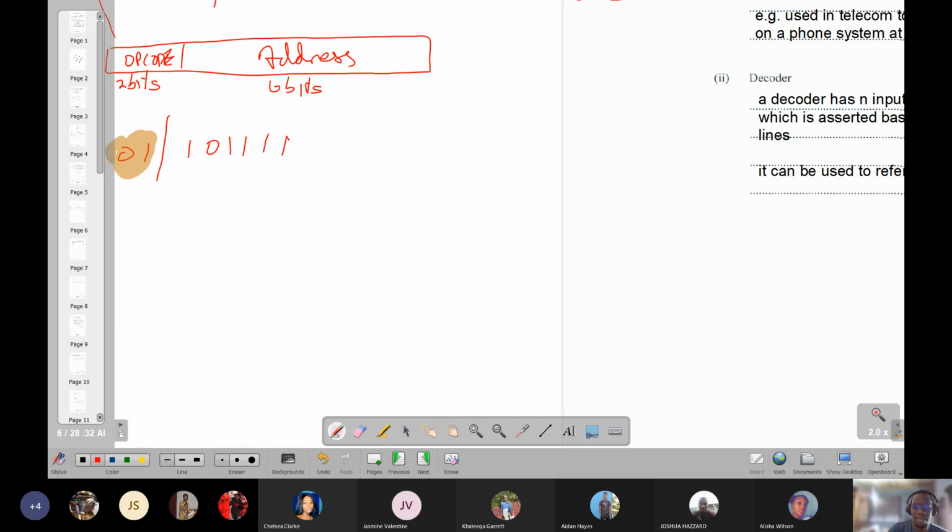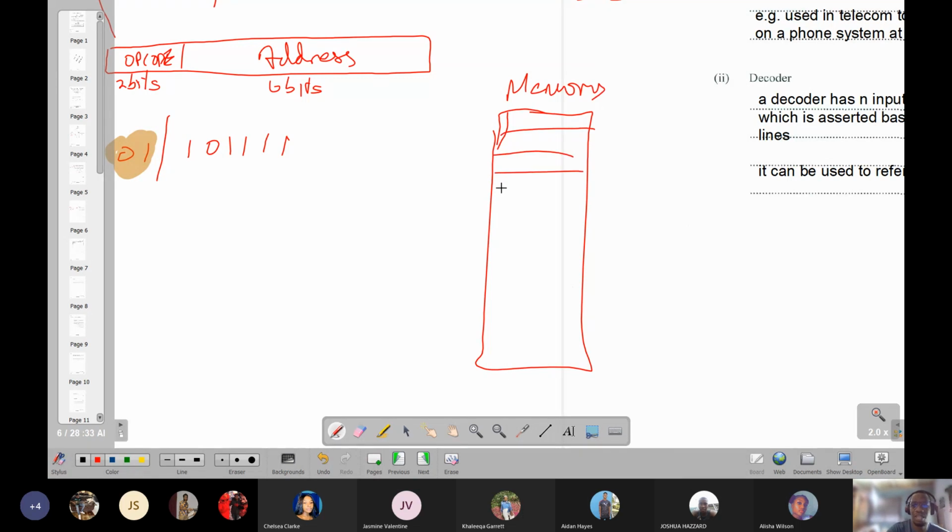Let's say we have memory here. So this is my memory locations, and I have different addresses in memory. This is location 0, this is location 1, this is location 2, 3, 4, 5, and so on, up to 61, 62, and 63.